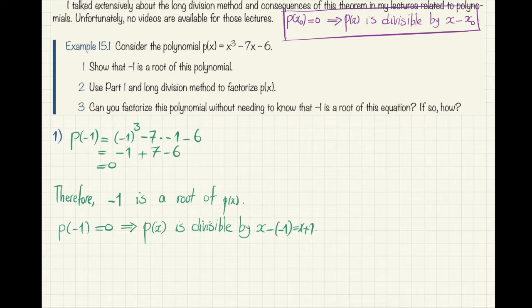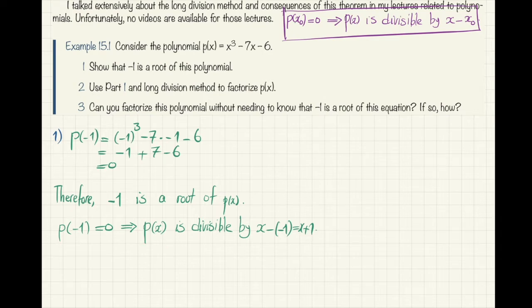Then I use the long division method to find the quotient of the division of p of x by x plus 1. I am not interested in the remainder. I already know that. I trust this theorem. I already know that the remainder of the division of p of x by x plus 1 is really 0.